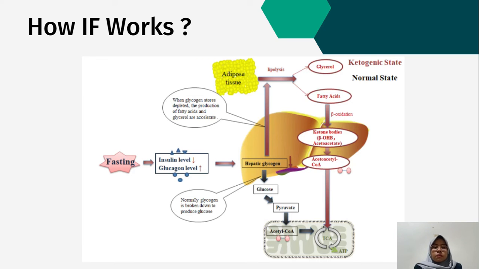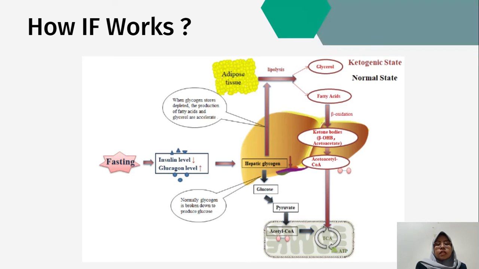Thus, if the fasted state lasts long enough, the body burns fat for energy and loses extra fat. Losing the extra fat is translated into a range of associated health benefits.